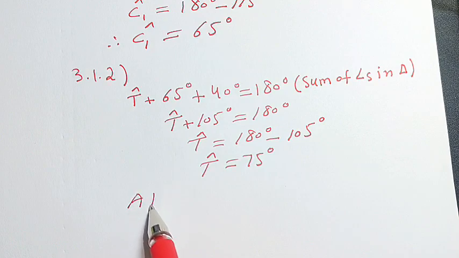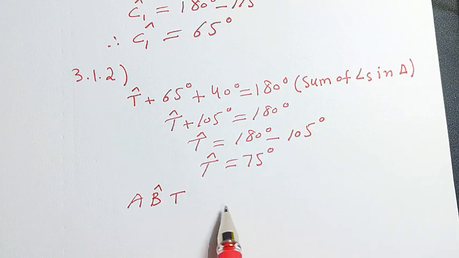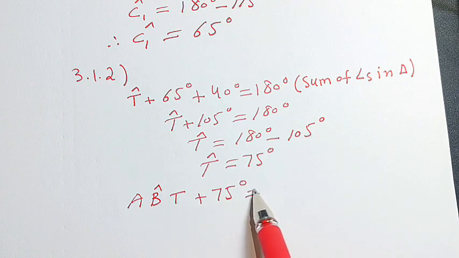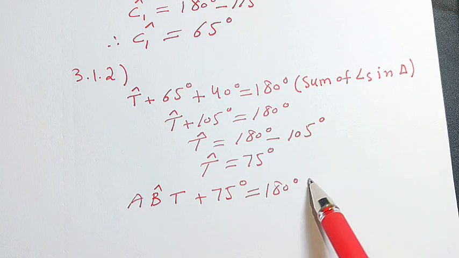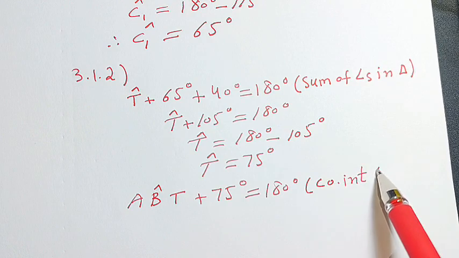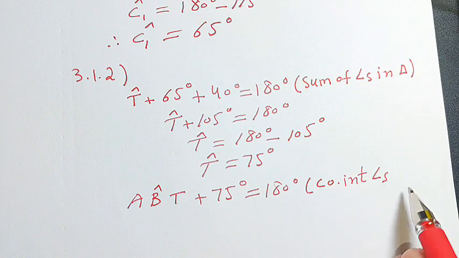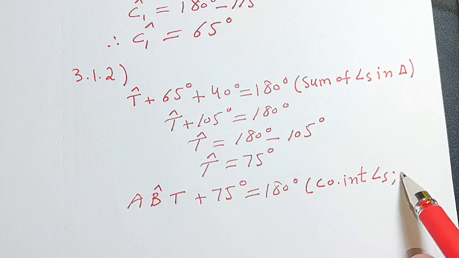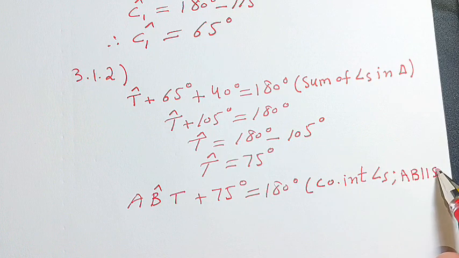We need to find the angle ABT, or you can say angle B, plus 75 degrees is equal to 180 degrees, co-interior angles. Let's remember, AB is parallel to ST. This is the reason.